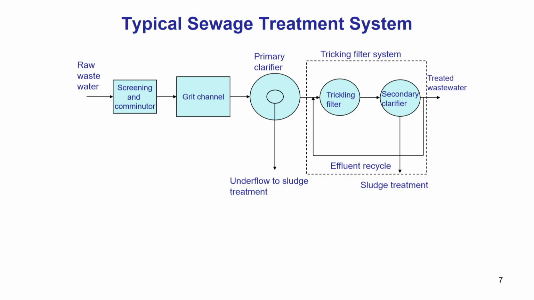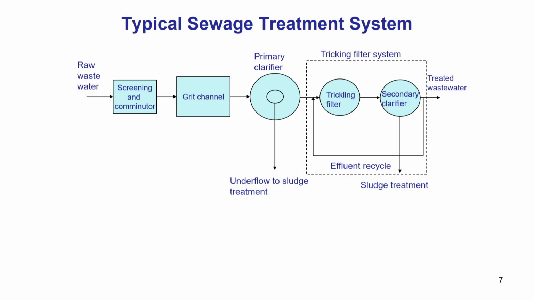It is not a filter kind of thing, because here we use large size stones which have large pore size. This is also called a fixed film system, where on the surface of the media, which may be stones, or in modern systems plastic, is also used as the media.